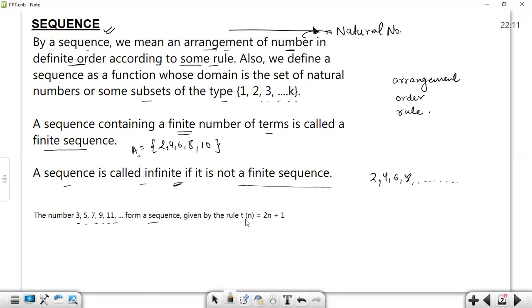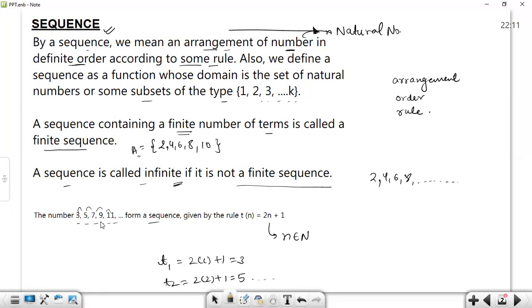This is a sequence given by the rule: T of n is equal to 2 into n plus 1, where n is a natural number. Starting from 1, the first term is 2 into 1 plus 1, that becomes 3. Second term, 2 into 2 plus 1, that becomes 5. Similarly, 3, 5, 7, 9, 11, all of them have a difference of 2.